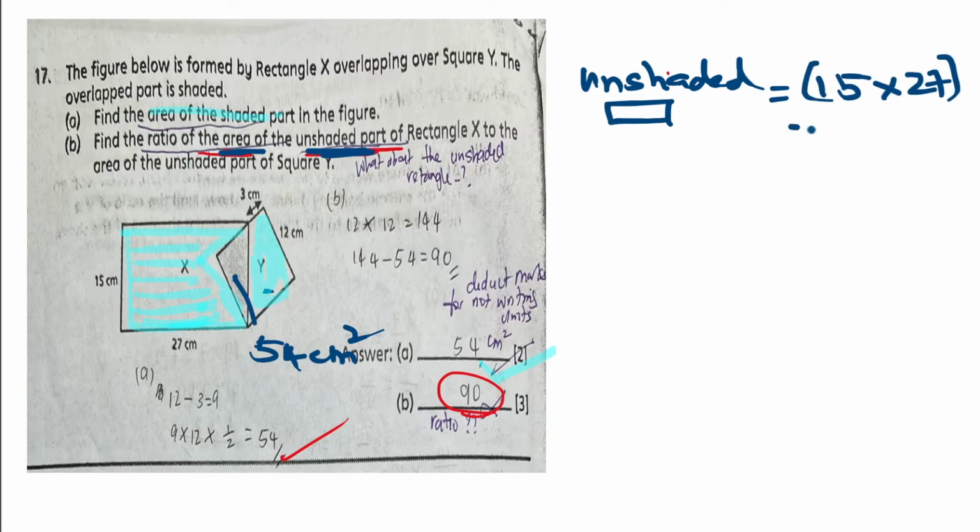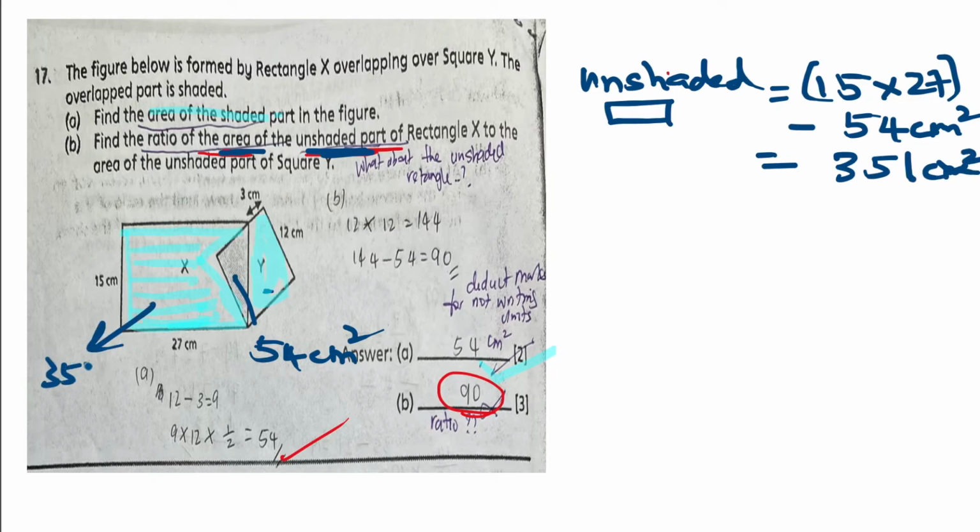Bracket it, you minus away the shaded. Will give you a figure of 351 centimeter squared, which is this portion here, 351 centimeter squared.